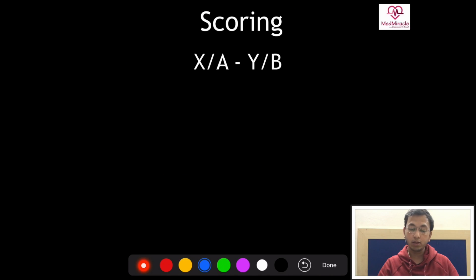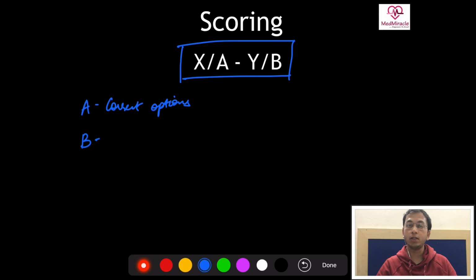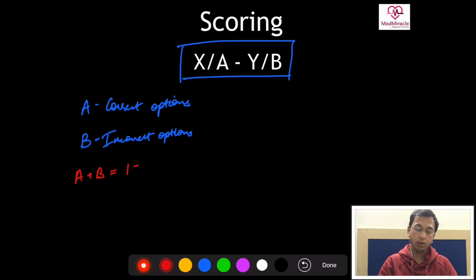Now let's see the scoring pattern. This is the equation that is used for our scoring in the PGI exam. In this equation, A is the total number of correct options in the exam, and B is the total number of incorrect options in the exam. For a PGI exam, A plus B is equal to 1250 options.